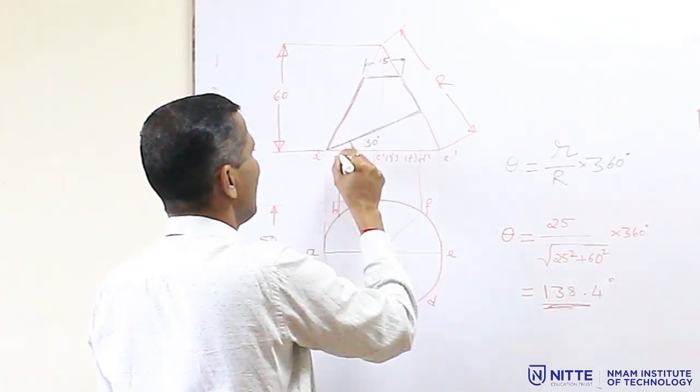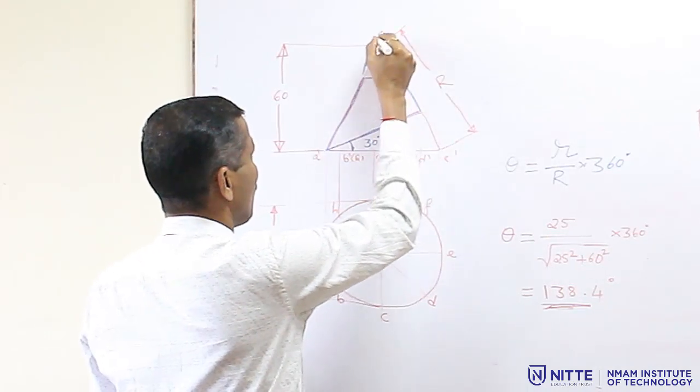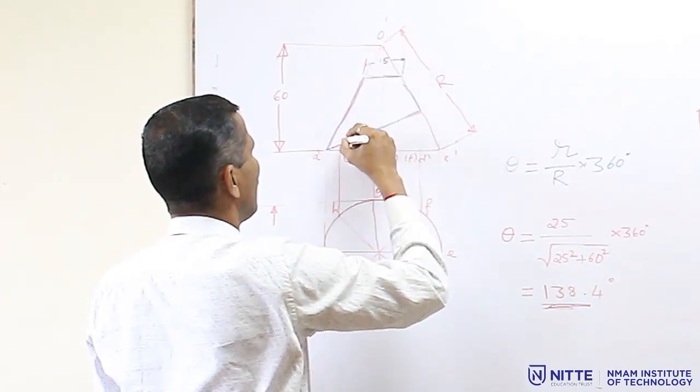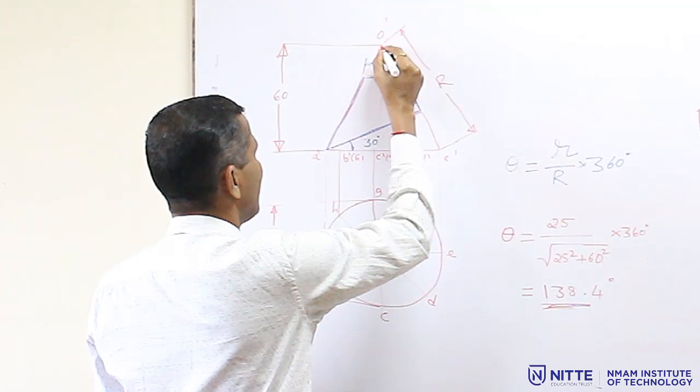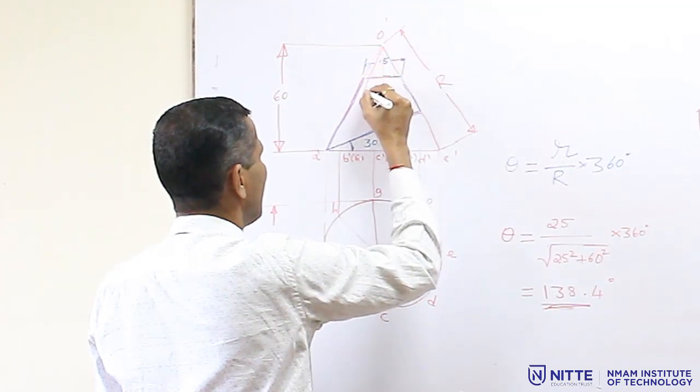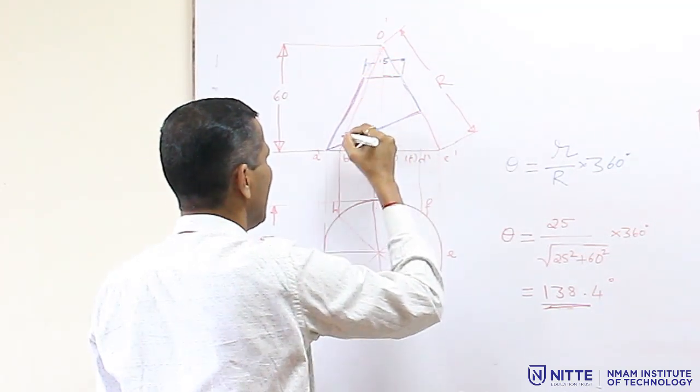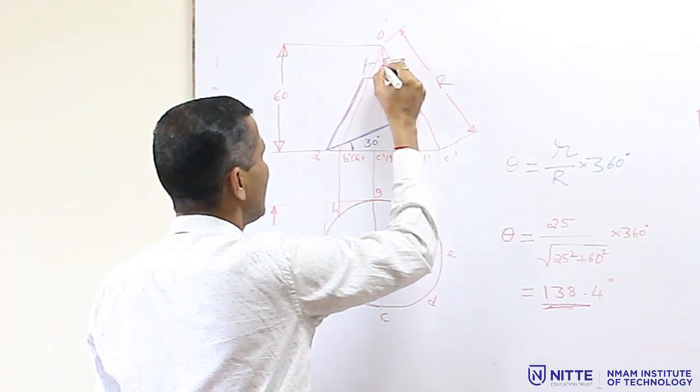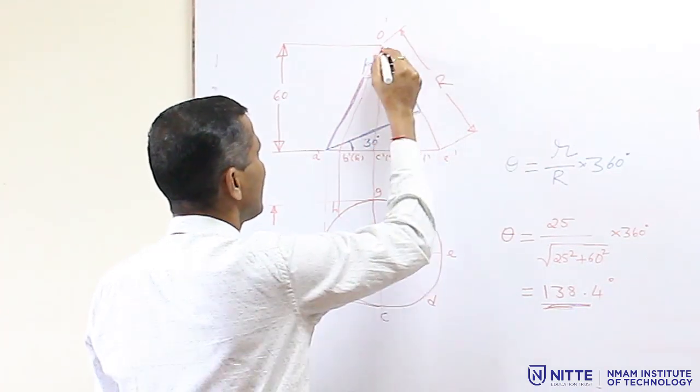Then connect all these points to the apex O by a light line. It is not the dark line now. This becomes the light line. All the generators you have to draw it here.